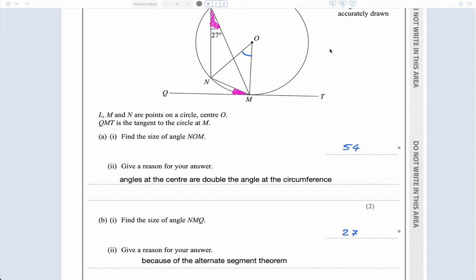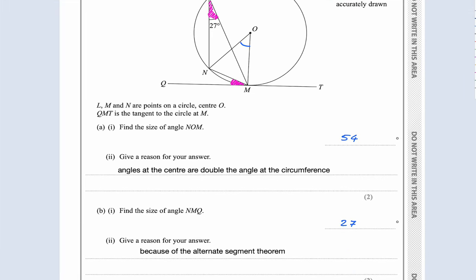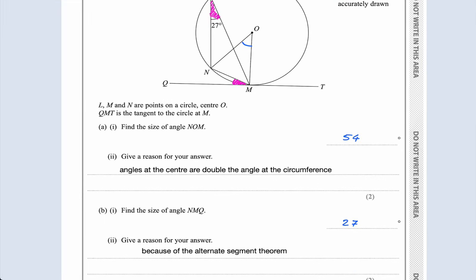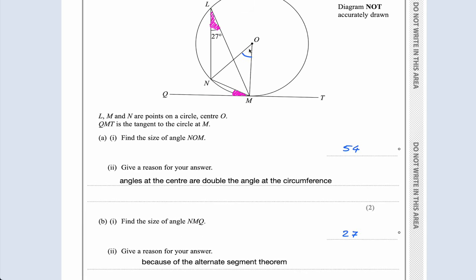Fine. Now, probably what I would consider maybe the more intuitive way to do it, the way I did it first when I saw this question, is I saw that's 54 here, and then I know this is an isosceles triangle because they're both radius or radii, so these two have to be the same.